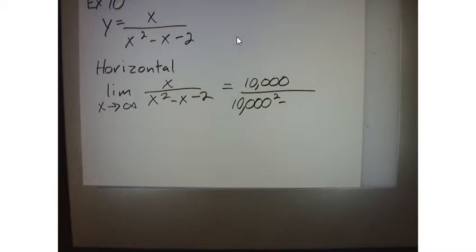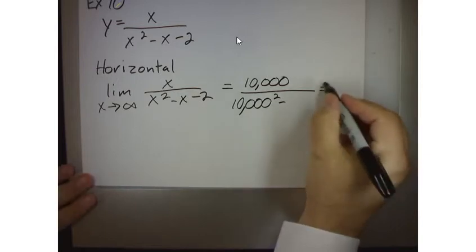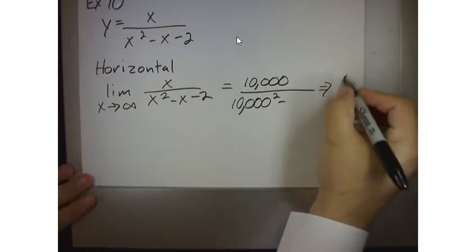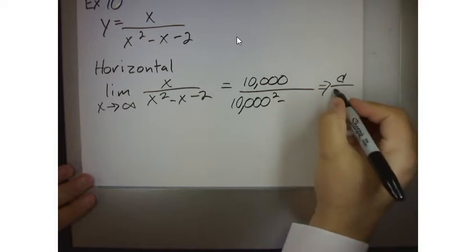So what are we going to end up with? 1 over 10,000. And if I plug in 100,000, I end up with 1 over 100,000. And so this will continue to approach some number, and we'll just call that number c, over infinity.